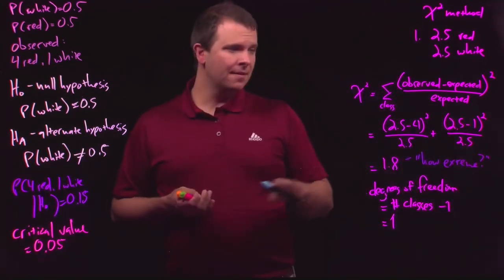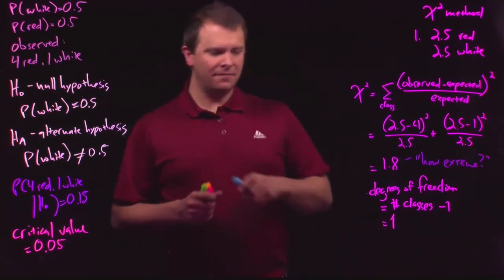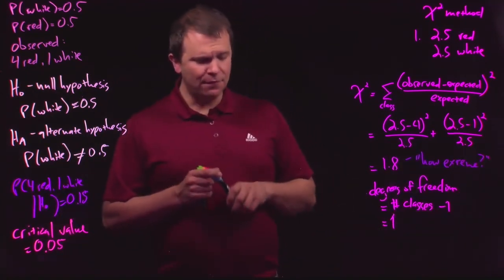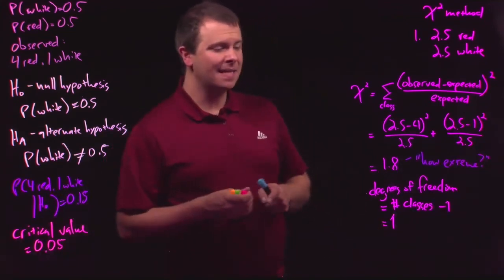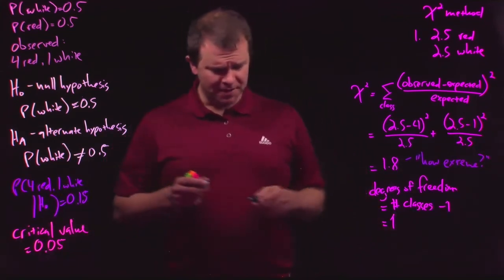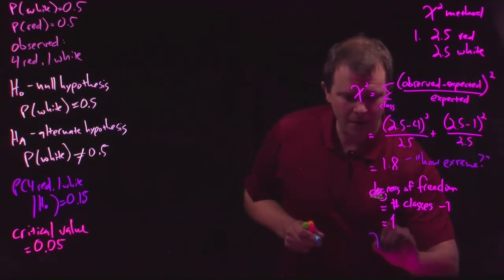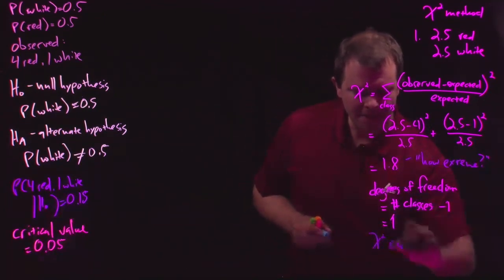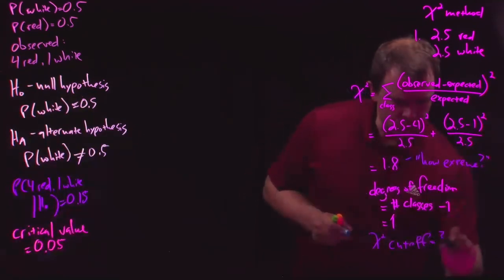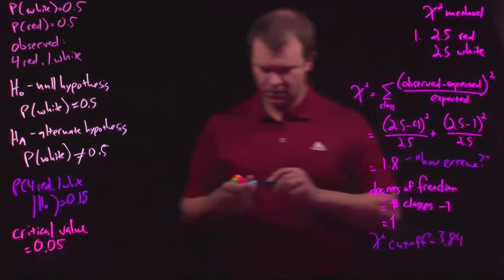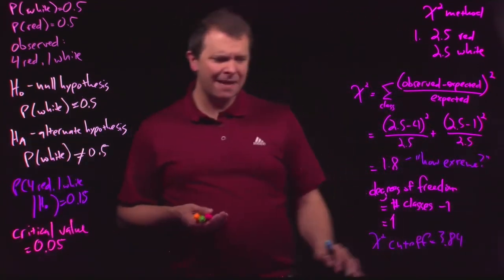And so we take our critical value and our number of degrees of freedom, and we find that for a critical value of 0.05 and 1 degree of freedom, the cutoff from the table is 3.84. And again, I didn't come up with this out of my brain. I looked it up in a table.